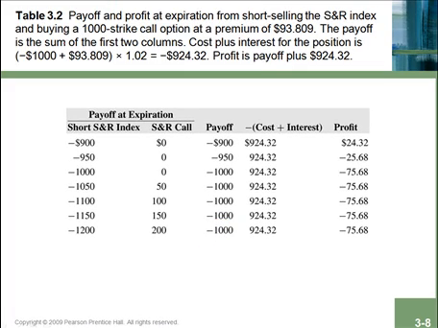So you receive $1,000 as proceeds from the short sale, but you do have to use approximately $93.81 of that amount in order to acquire the call option. Here's what we have as far as the net cost of establishing the position. Now notice that negative $1,000 plus $93.809 is actually still a negative number.